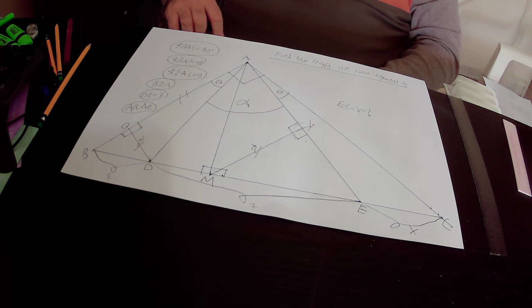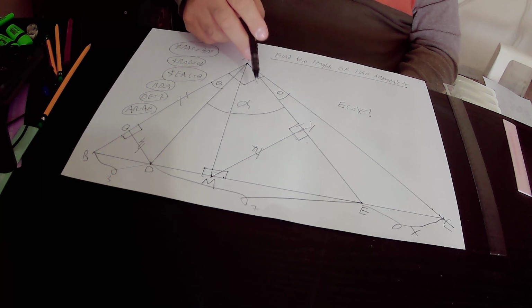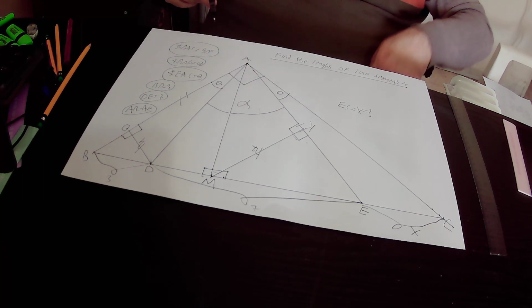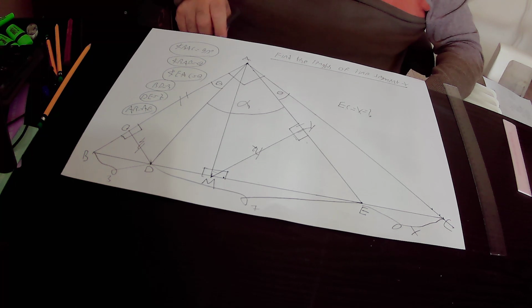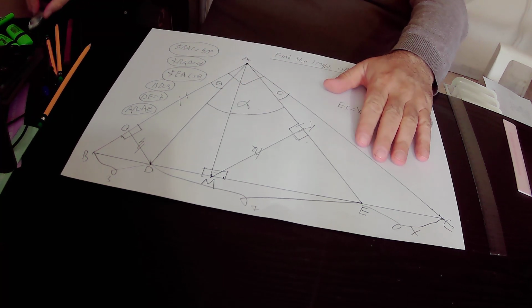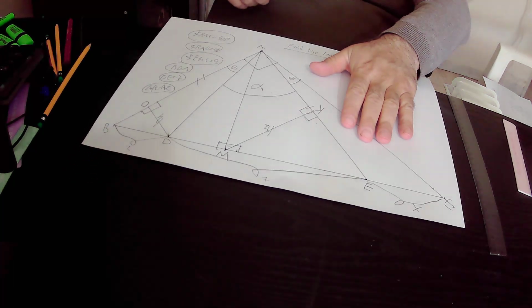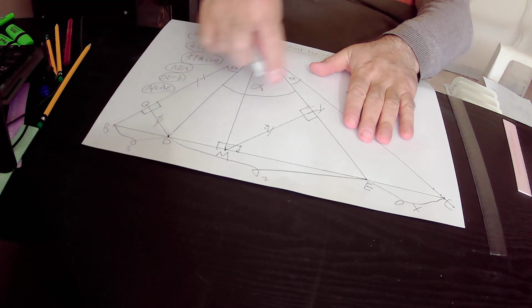Actually, the perpendicular should be from point D to AE. The perpendicular to the base AE should be from point D to AE.